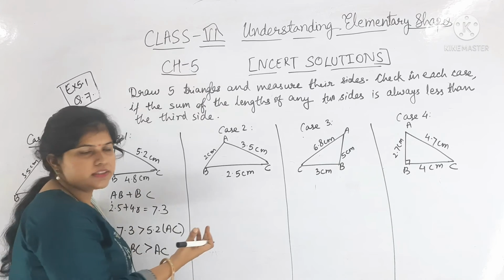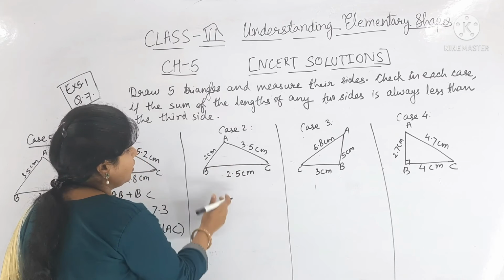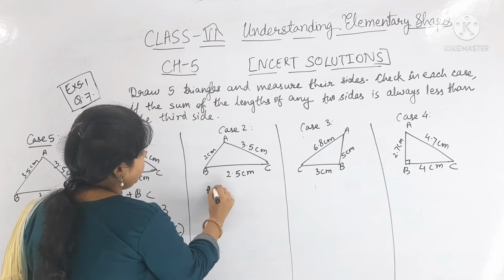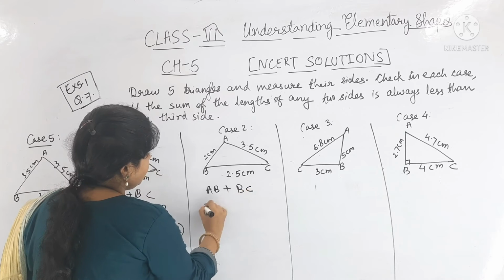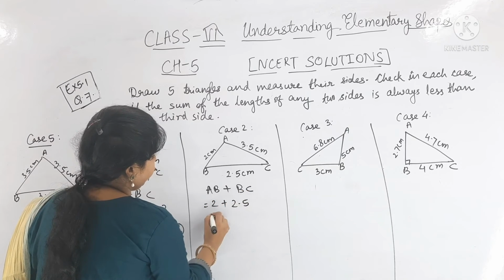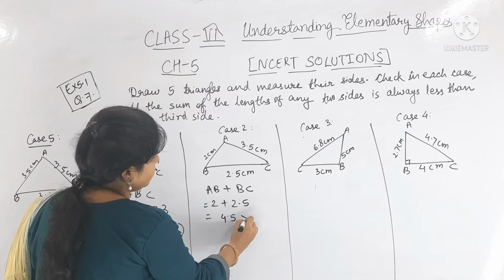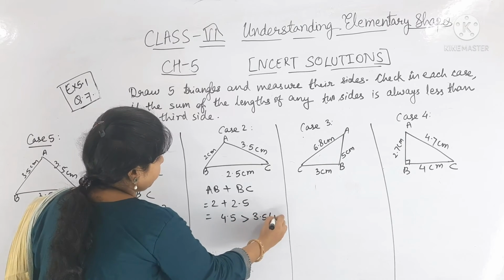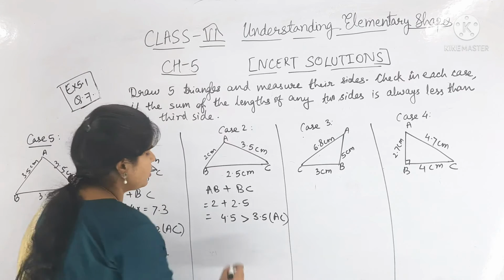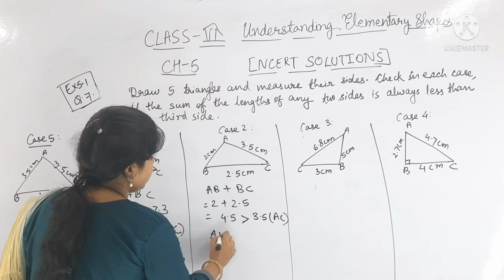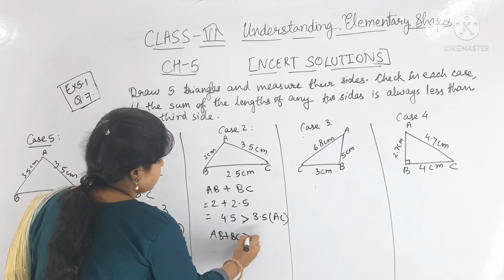Let's take for the second triangle, that is the acute triangle. Okay, here AB plus BC equal to 2 plus 2.5, so 4.5, that is greater than 3.5. Okay, so here you can see AB plus BC is greater than AC.